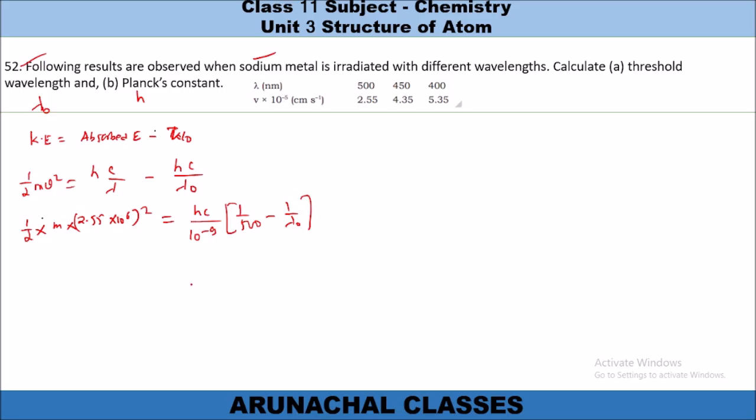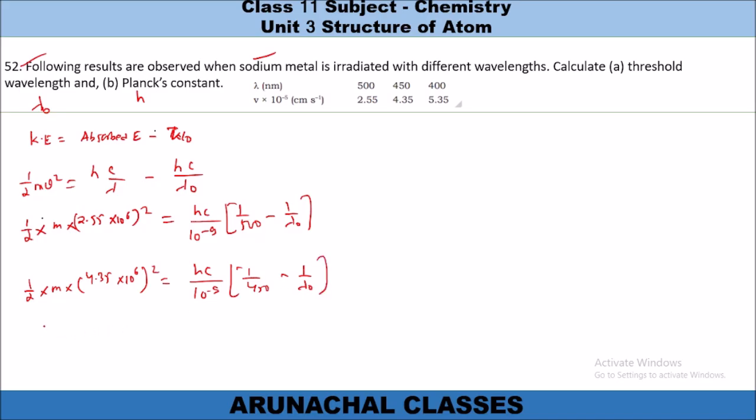Similarly we can write down the second one also. It will be half into m multiplied with 4.35 multiplied with 10 power 6 whole power 2, equal to hc upon 10 power minus 9 in bracket 1 upon 450 minus 1 upon lambda naught.